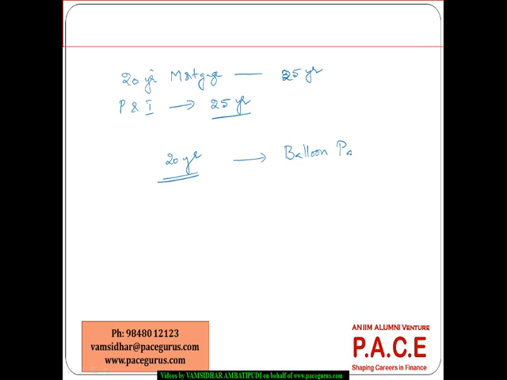Some amount of principal is typically outstanding because the principal and interest are computed based on a longer term mortgage perspective. So either a 25-year or a 30-year structure would be prepared for a 20-year payment, which means by the time the 20 years is over and the loan is getting closed, there is still some amount of principal outstanding that needs to be paid, which is called a balloon payment.